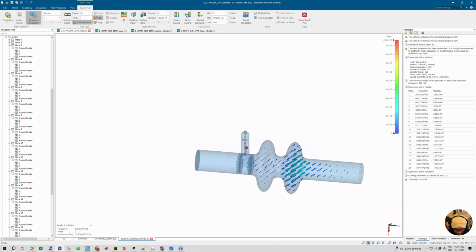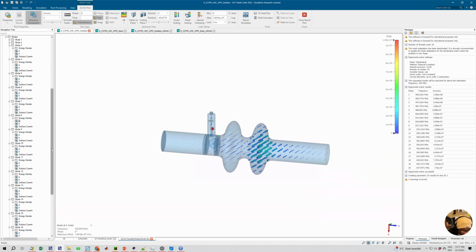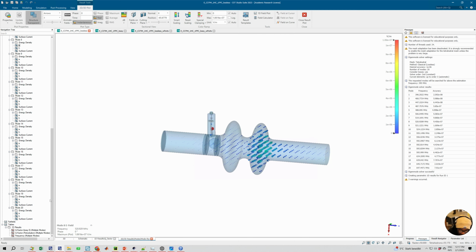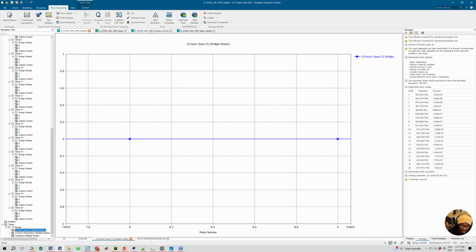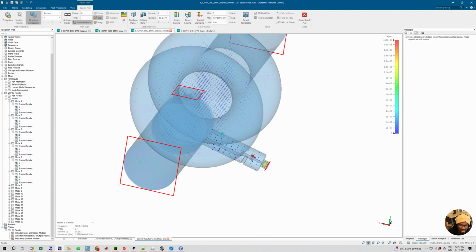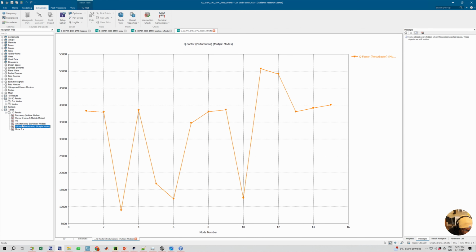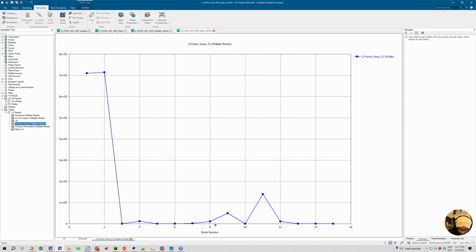But I would expect the external quality factor of this mode to be somewhat high. So let's see mode 8. Oh, of course I can't calculate it from this. Mode 8. I mean 11 is higher, so let's see mode 11.